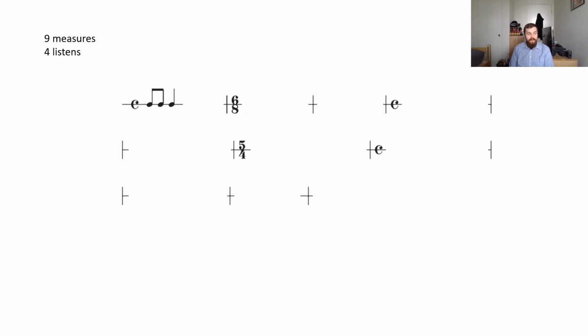Okay, for the third listen, I'm going to go a little bit slower, and then I'll resume that first tempo for the final listen. So third listen, 1, 2, 3, 4.